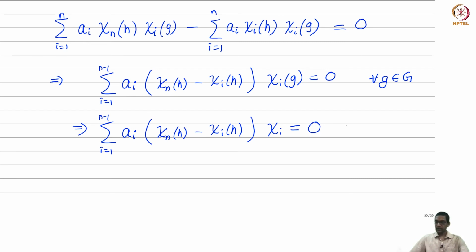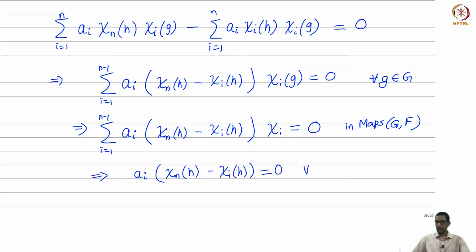This is an equation in the vector space of all maps from G to F. Now what does that mean? We had assumed by induction that any n minus 1 chi i's are linearly independent, but here is a linear dependence relation amongst them, and so all the coefficients have to be 0. So AI times chi n of H minus chi I of H has to be 0 for all I equals 1 to n minus 1.